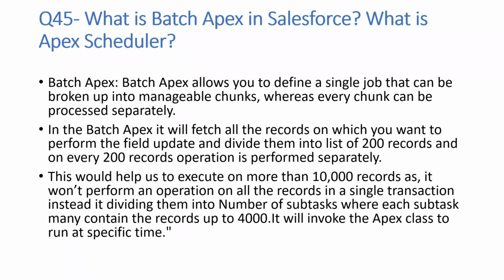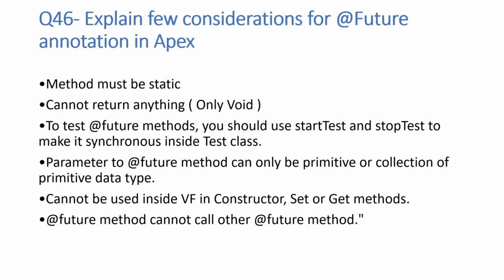This helps us execute on more than 10,000 records, as it won't perform the operation on all records in a single transaction. Instead, it divides them into a number of subtasks, where each subtask contains records up to 2,000. Maximum is 2,000, my correction. It will invoke the Apex class to run at a specific time.